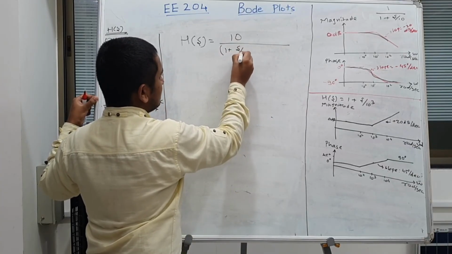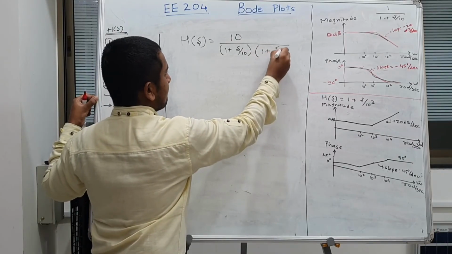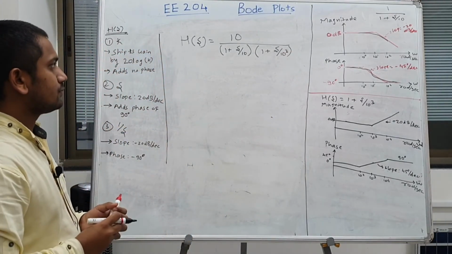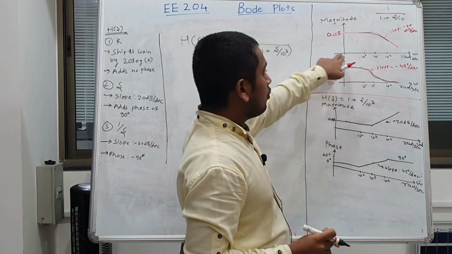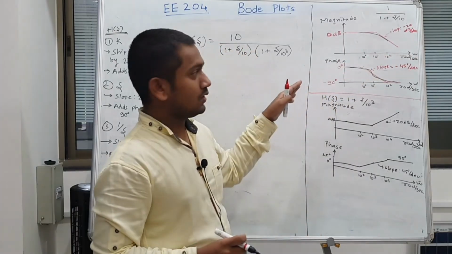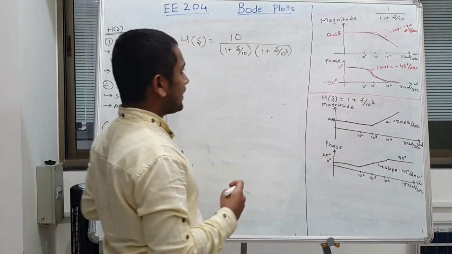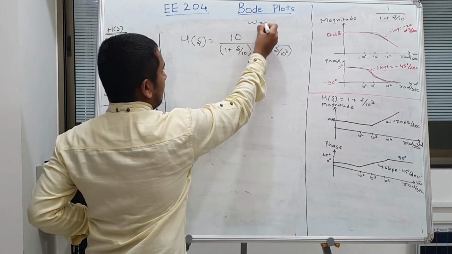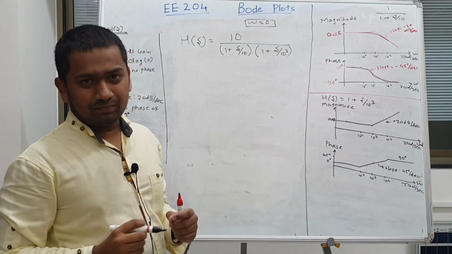The first pole is at 10 and the second pole is at 10 to the power 3. Remember, at very low frequencies, meaning when omega is 0, it means that when angular frequency is 0, we can say that it is a DC term.